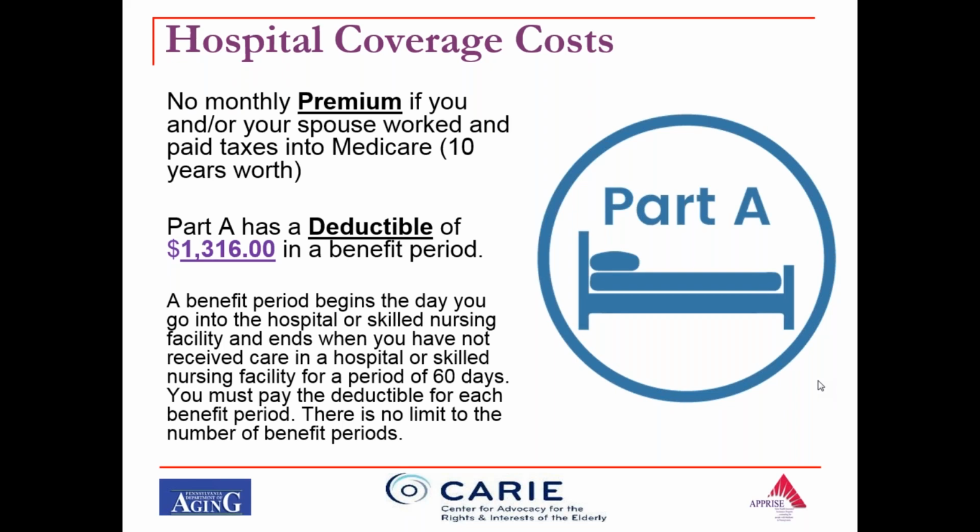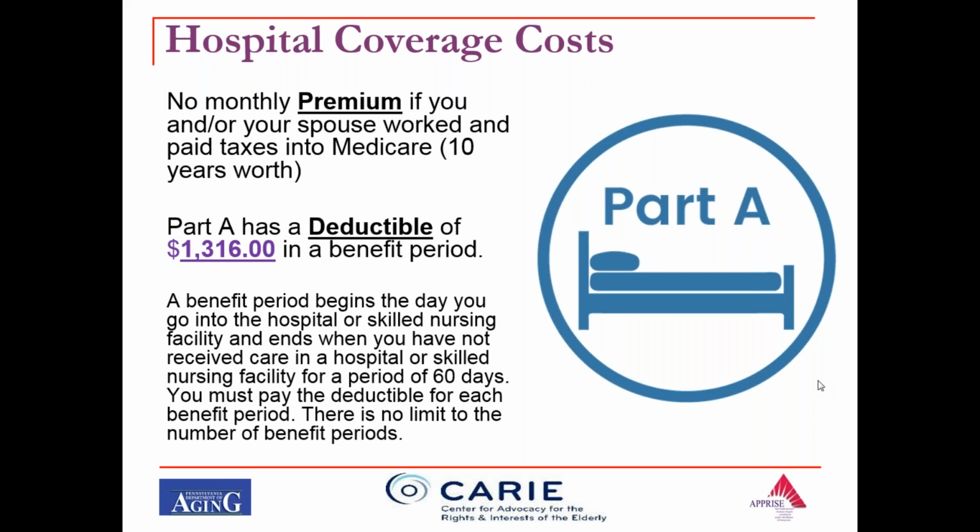Now, typically, if you had been working for 10 years, there's no premium for Part A. That is what those Medicare taxes go towards. But Part A does have a deductible, and again, this is from 2017. We don't have 2018 figures yet, but the deductible for Part A is $1,316.